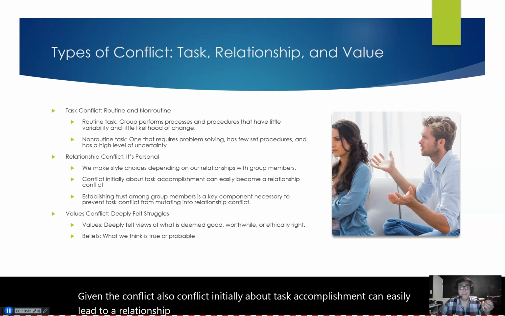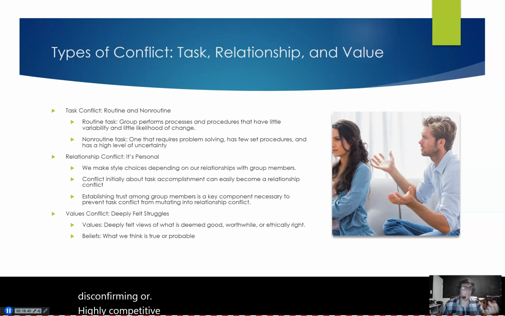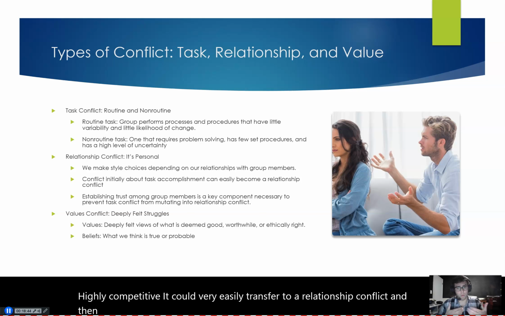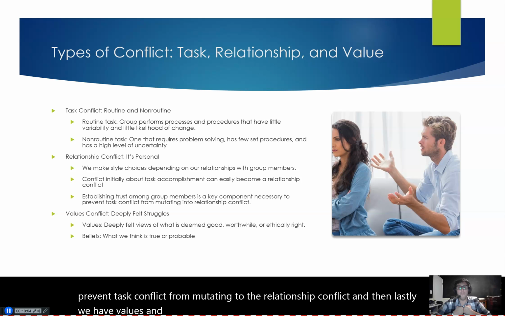For example, if someone's acting in a way that is disconfirming or highly competitive, it could very easily transfer to a relationship conflict. And then establishing trust among group members is a key component necessary to prevent task conflict from mutating to the relationship conflict. And then lastly, we have values, and values are our deeply felt struggles.